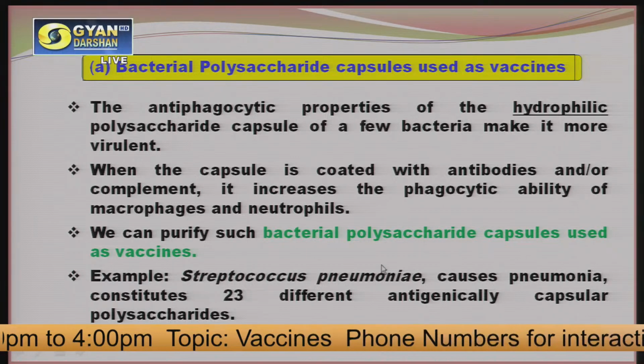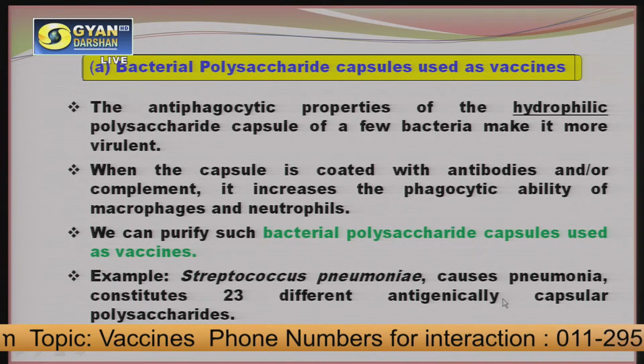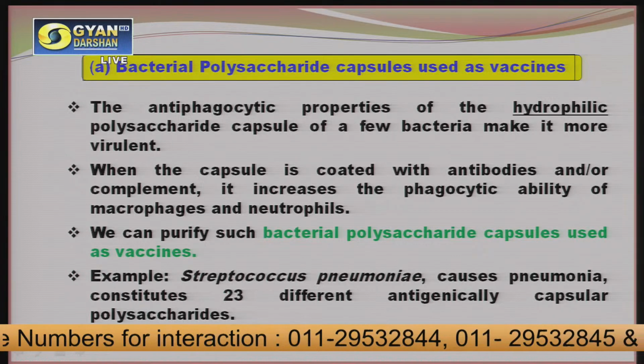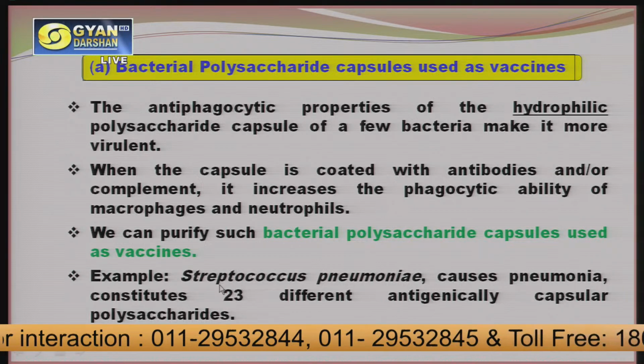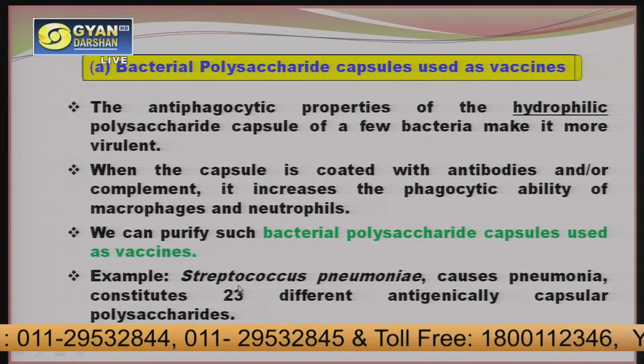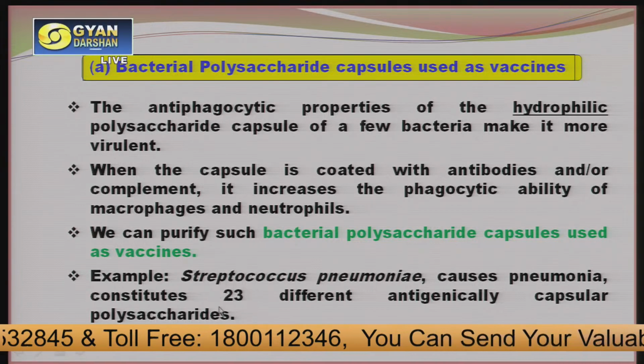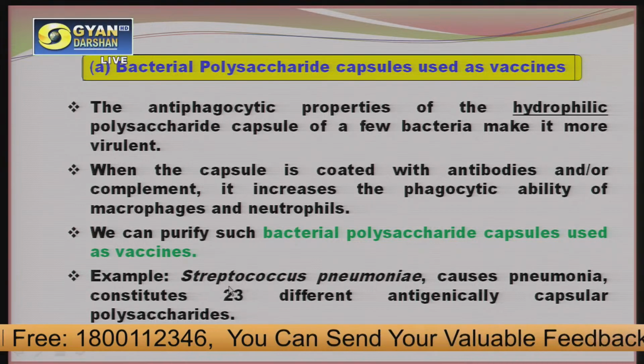Example, Streptococcus pneumoniae, which causes pneumonia, constitutes 23 different antigenic capsular polysaccharides. So they have 23 active molecules, and we can utilize these active molecules as vaccines.